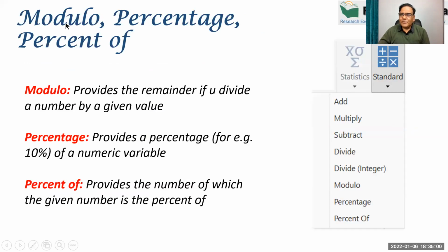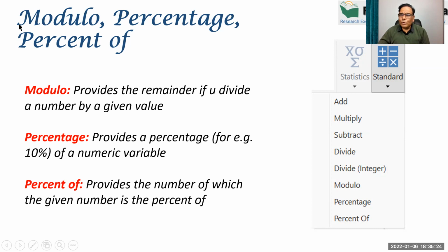And then we go for modulo, percentage, percentage of. Modulo is nothing, it is a remainder. If you remember, if we divide a number by a smaller number, for example, if I divide 9 by 2, the remainder will be 1.